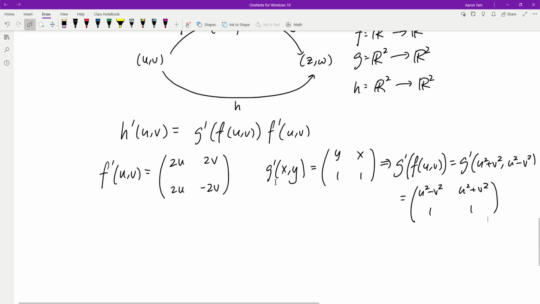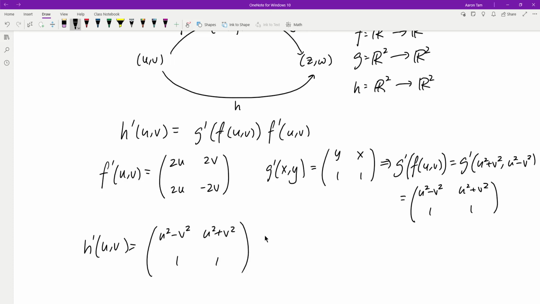So now I'm ready to form my derivative. My derivative h prime of uv would equal g prime, u squared minus v squared, u squared plus v squared, 1, 1, multiplied by 2u, 2v, 2u, negative 2v. You will be marked incorrect if you write these two things backward.